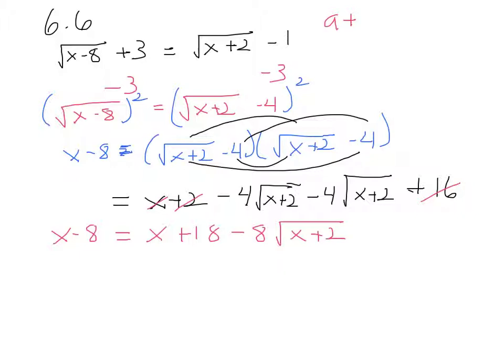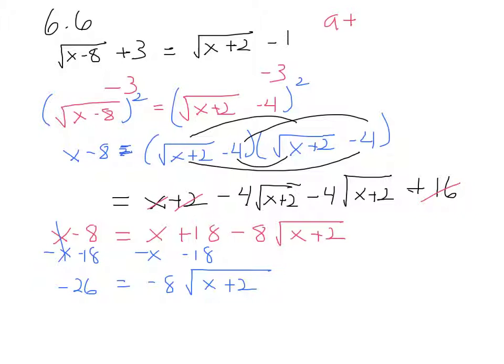What I'm going to do now is subtract x from both sides. And I think I'll subtract 18 from both sides. So these x's are going to cancel out. And this is going to be negative 26. And that's going to equal negative 8 square root of x plus 2.